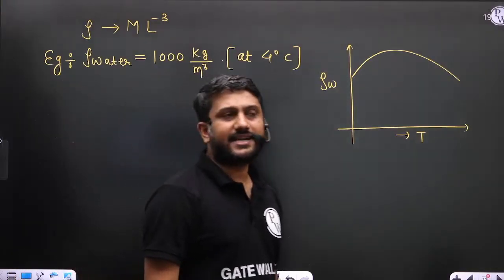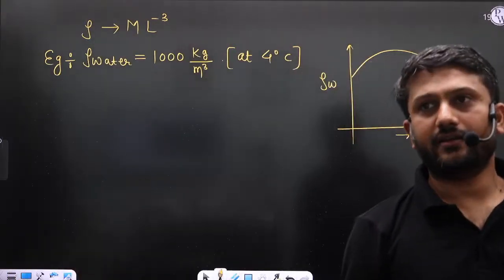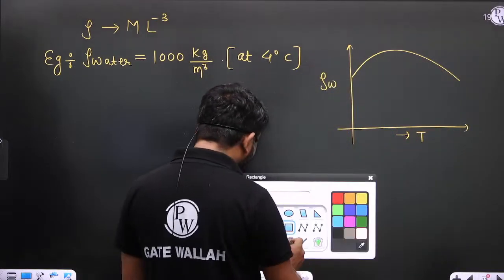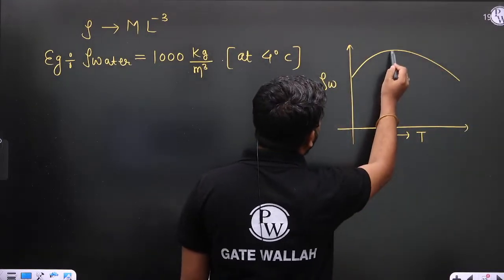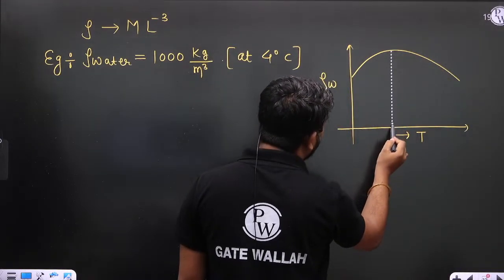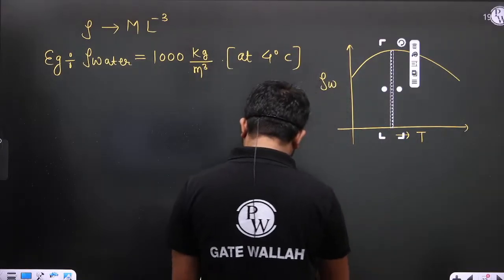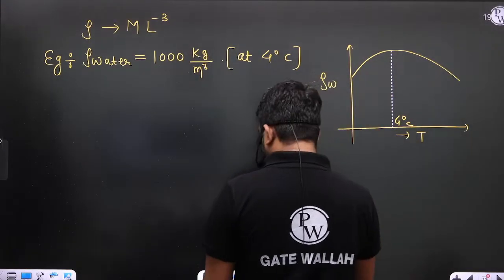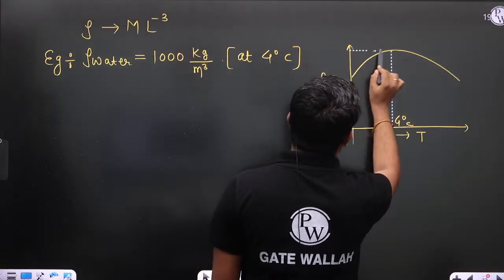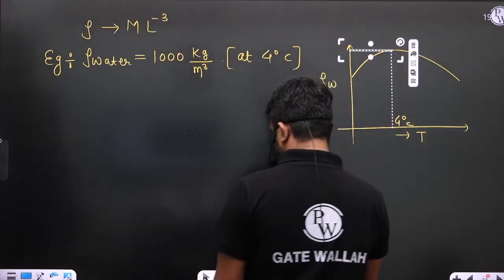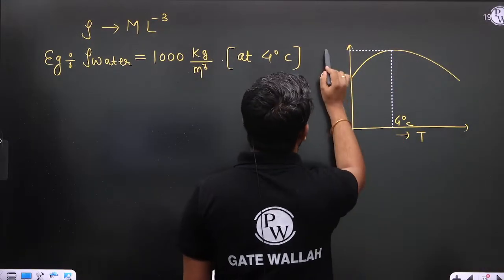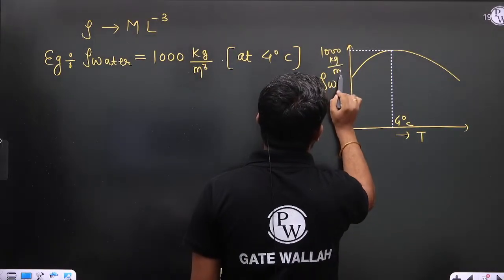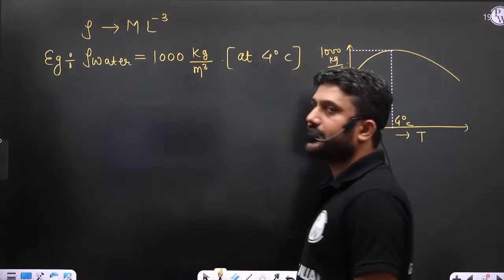This is the density variation of water with respect to temperature. Maximum density occurs at 4 degrees Celsius, and this value is 1000 kg per meter cube.